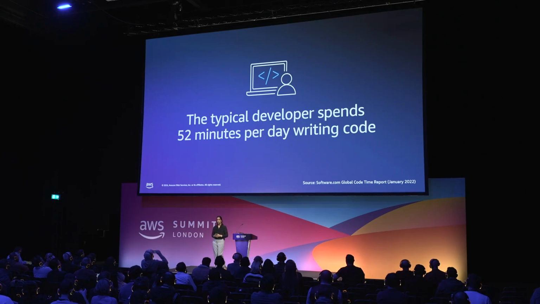And only 10% of the developers spend more than 2 hours writing code. This once again begs the question, why aren't developers able to spend time on the things they love, like writing new code, building new applications, and more importantly, writing business-critical functionalities? What are the challenges that they face here?